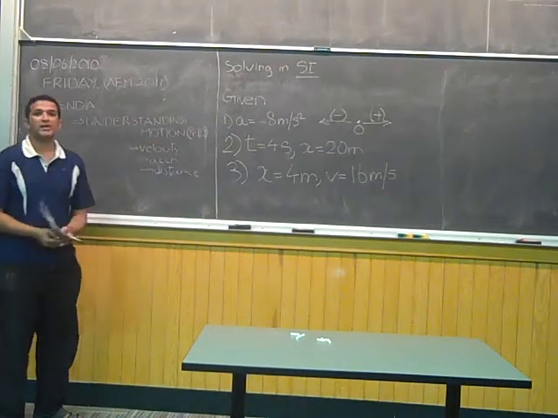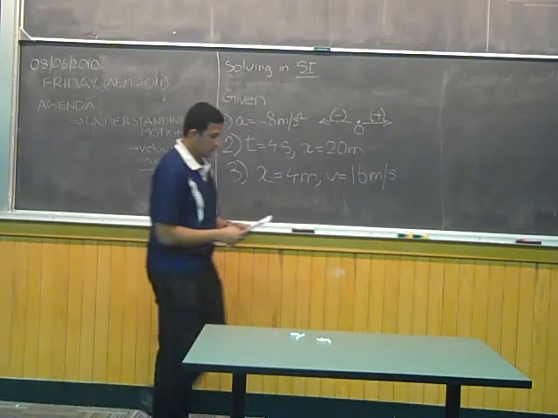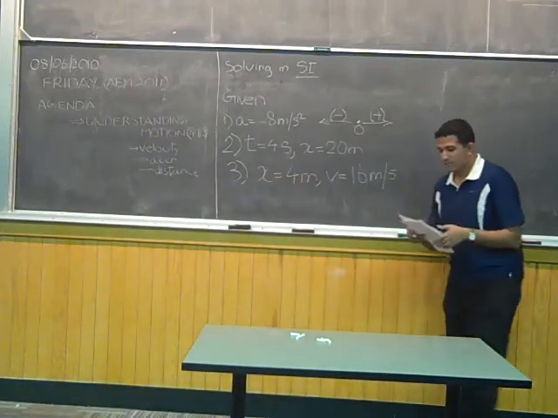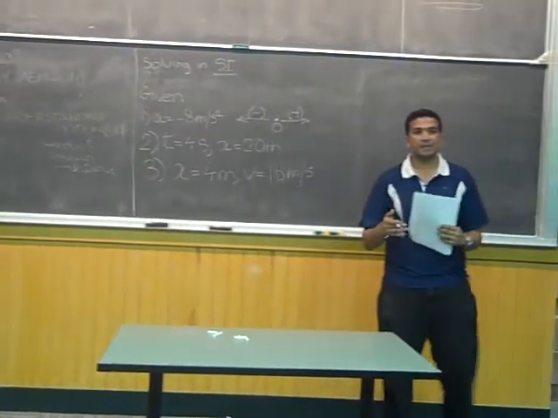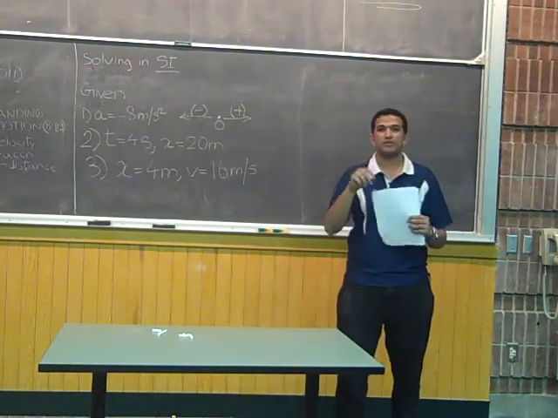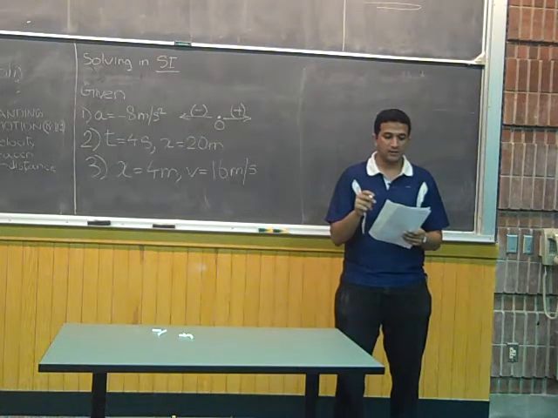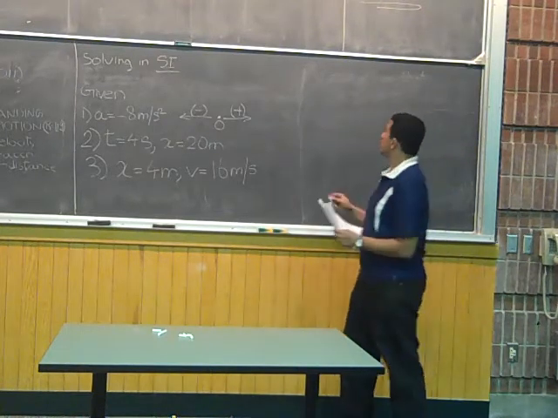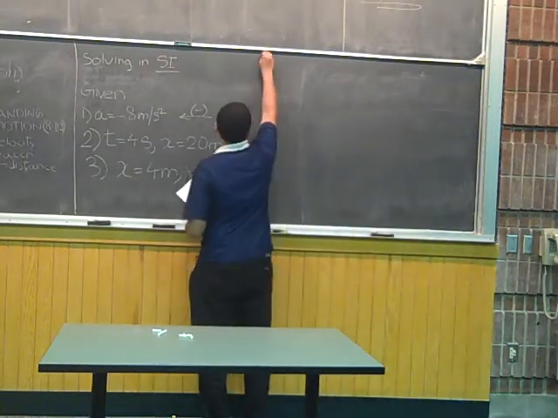Now we need to know what we need to find. The problem has two parts. The first part is they want us to find the time when the velocity was 0. So clearly the velocity when time was 0 is not 0, because they ask us the time when velocity is 0. Let me write it here.